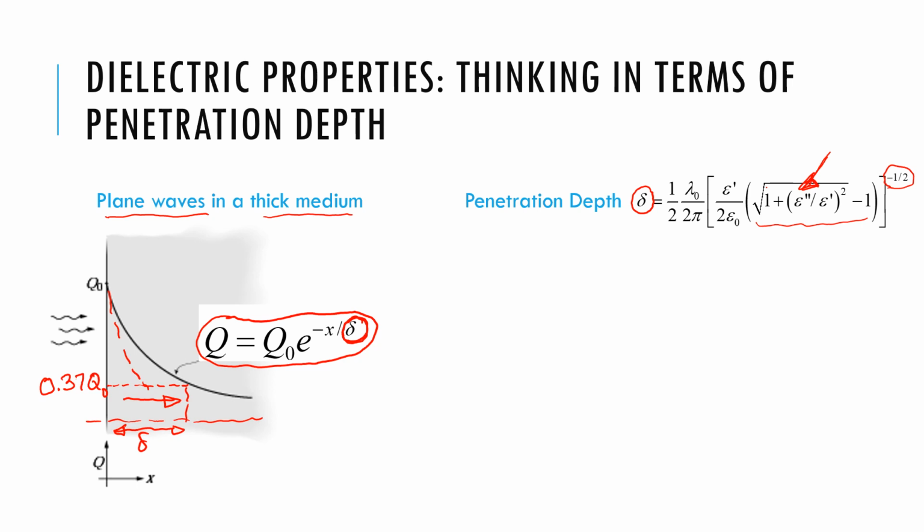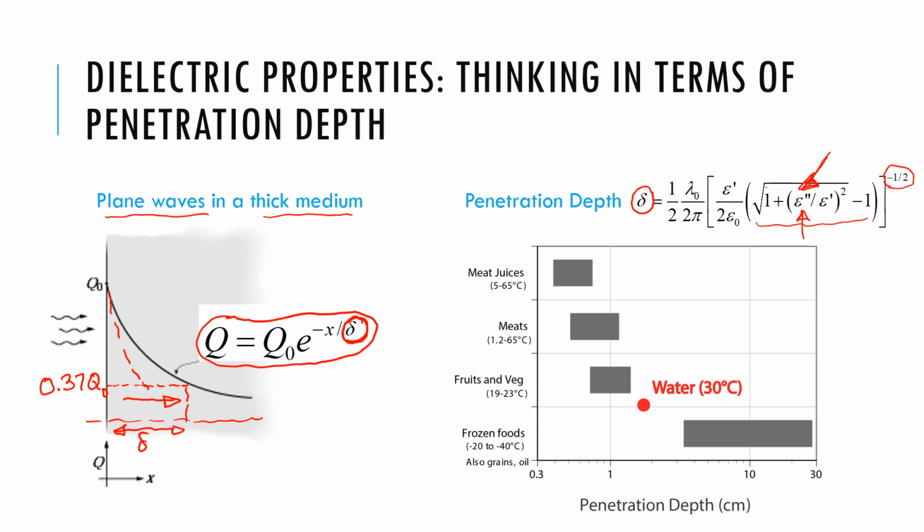So on the other hand, if we have a very large value of epsilon double prime, then penetration depth would be small. So those dielectric properties that I showed earlier, if I use those values to calculate penetration depth for different situations, this is how it looks. For very low values of dielectric constant and loss, for frozen foods, for example, the penetration depths are much longer.